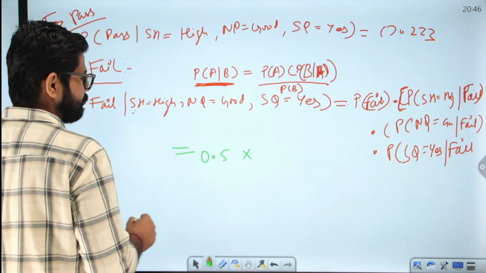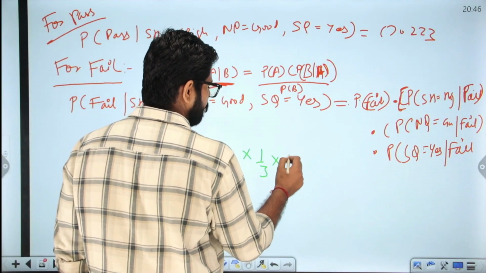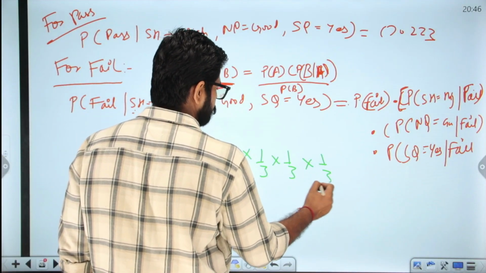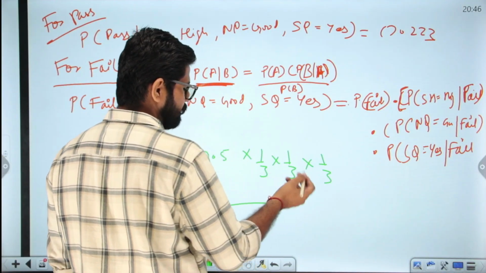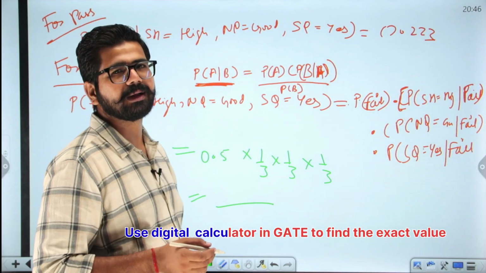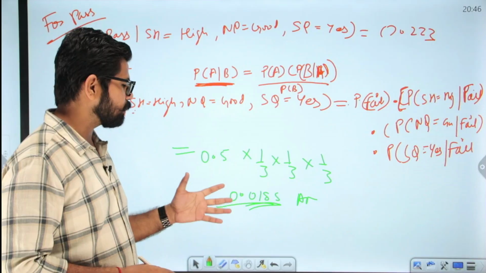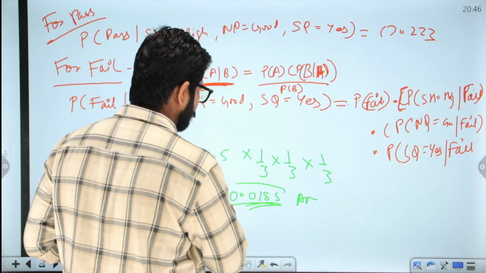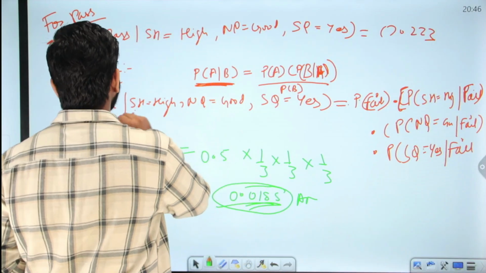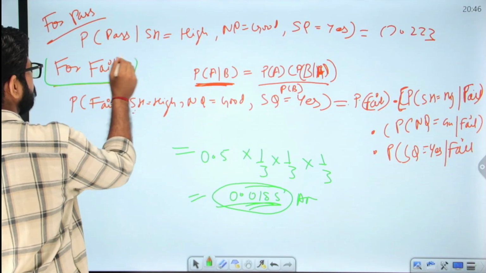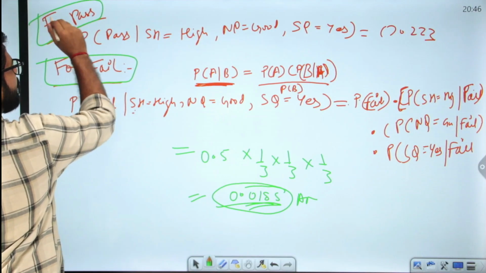So just multiply these 1 by 3, 1 by 3 and 1 by 3, and you will get a particular answer. In the examination you can simply calculate by the calculator and you will find the exact value. So now you are getting the two probabilities, for a student getting the fail and for the pass, by the Bayes theorem.